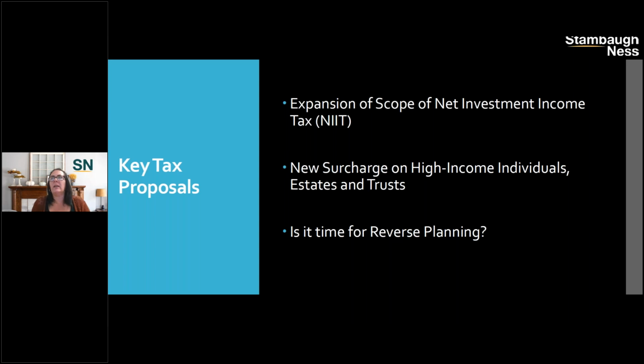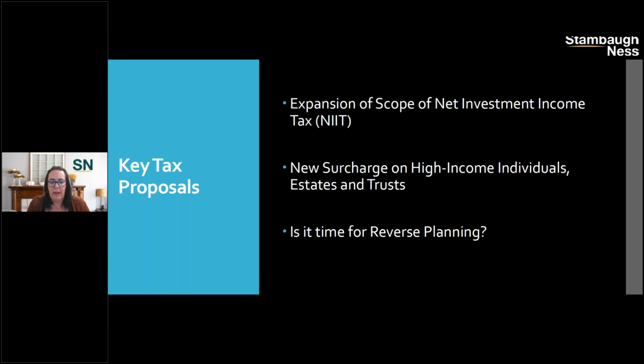So I started talking a little about this. The key tax proposals: while I talked a little about rates and we're not sure what's going on there, the one thing that has stuck around is the expansion of the scope of the net investment income tax. That's the NIIT.